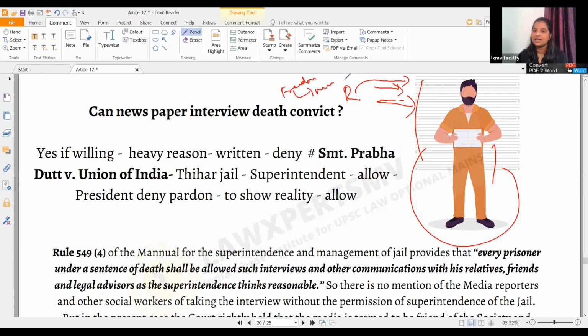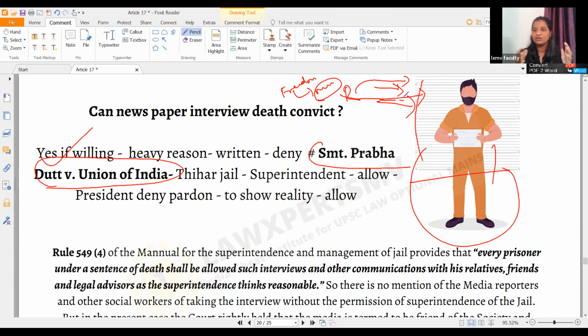Whether this right to know allows me to get inside the jail and get the interview of a death row convict. It was a famous case law, Smt. Prabha Dutt versus Union of India. The court said, yes, it is your fundamental right, provided the prisoner must be willing to give it.